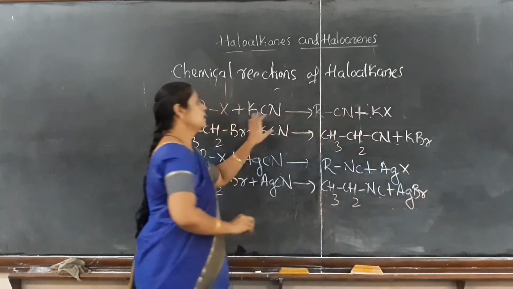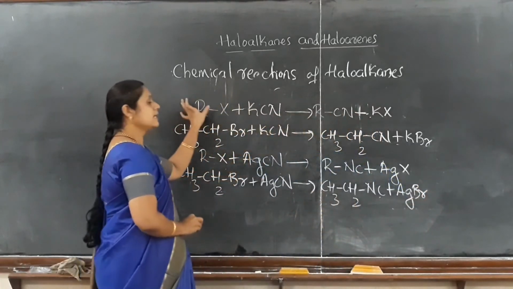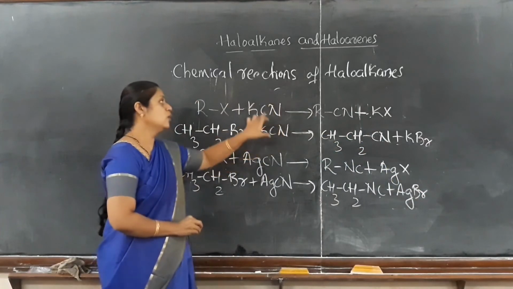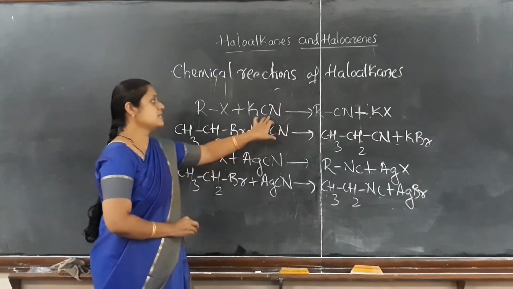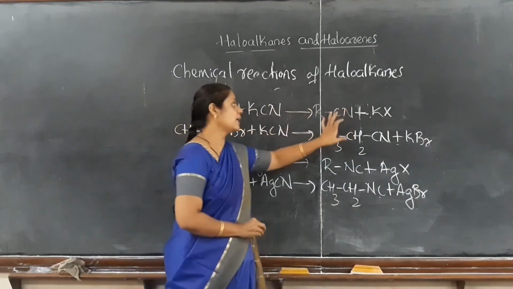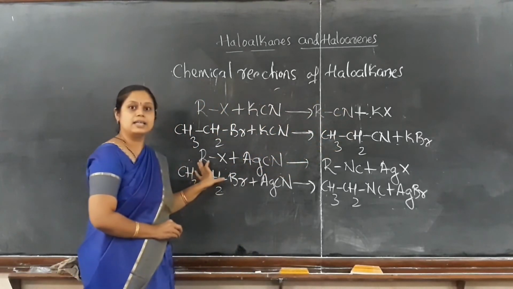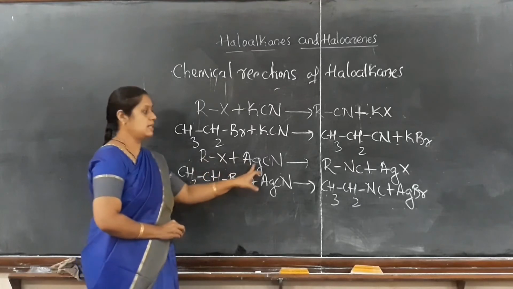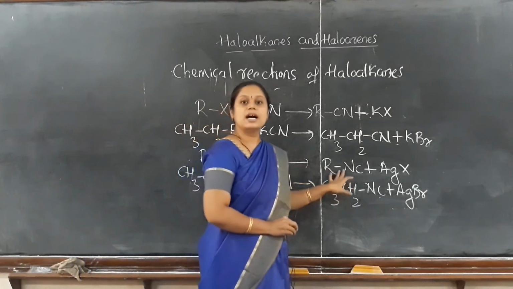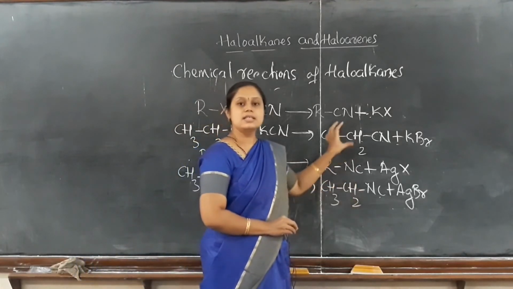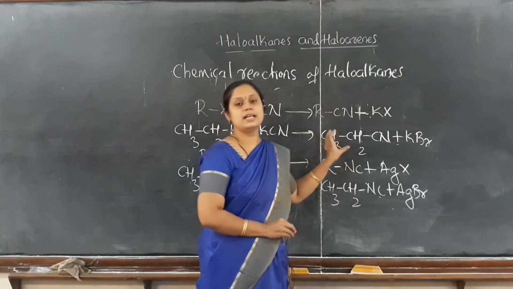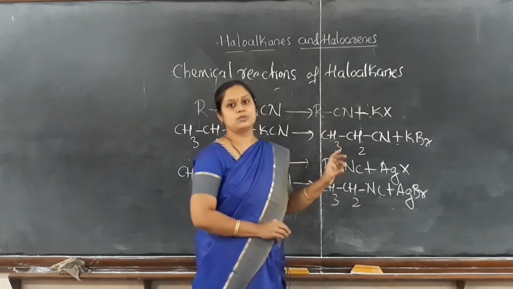So when an alkyl halide is treated with potassium cyanide, we get alkyl cyanide. When an alkyl halide is treated with silver cyanide, we get alkyl isocyanide. This is because cyanide is an ambivalent nucleophile.